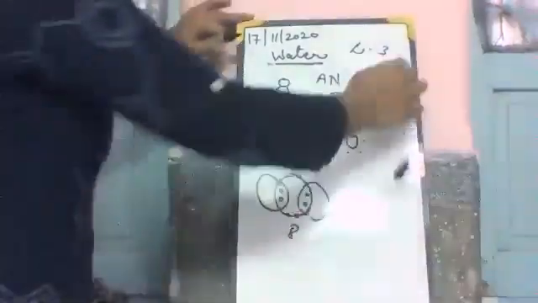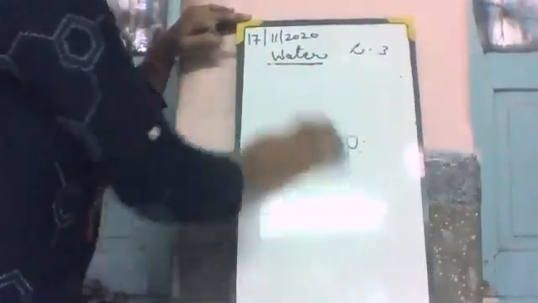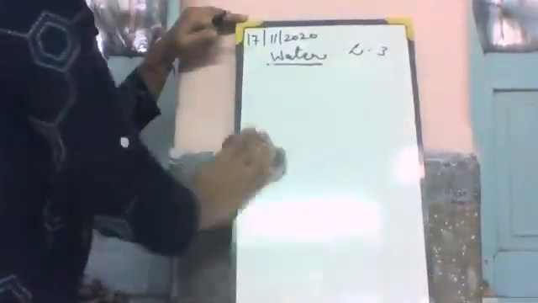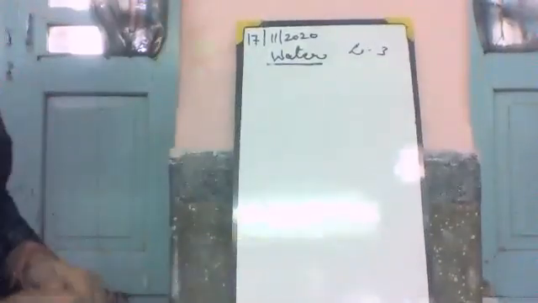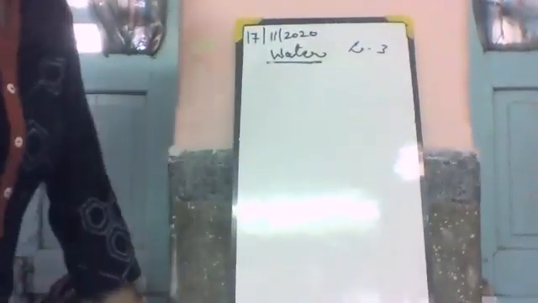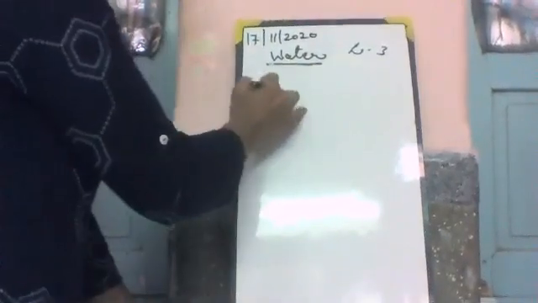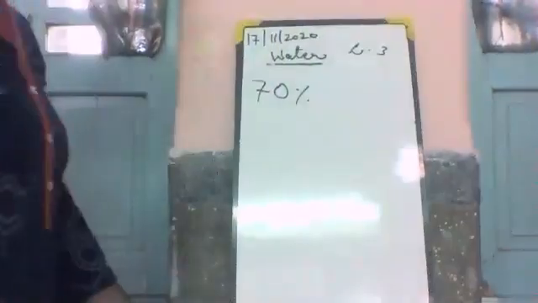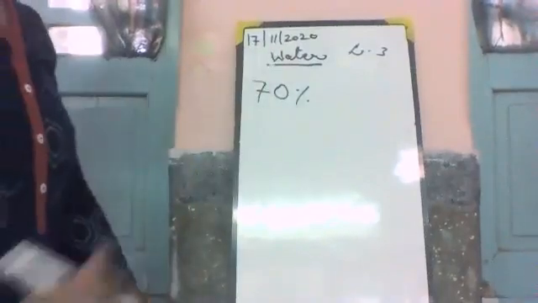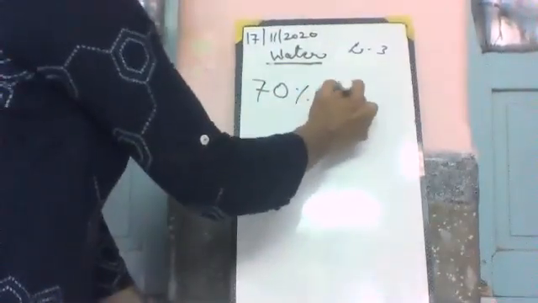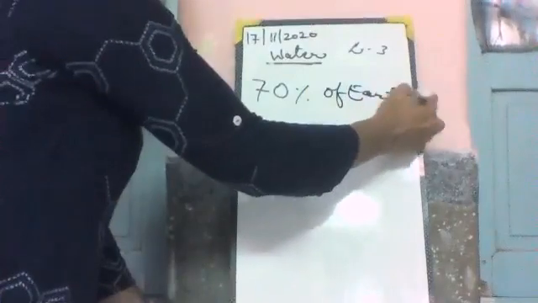We all know water exists in all three states: solid, liquid and gas. Water is the most important natural resource. About 70% of earth is covered with water.